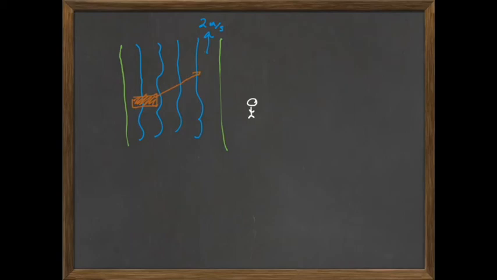And they measure the speed to be, we'll say, 6 meters per second, at an angle of, we'll say, 20 degrees. All right. So this person then questions, how fast is the log moving in the water?